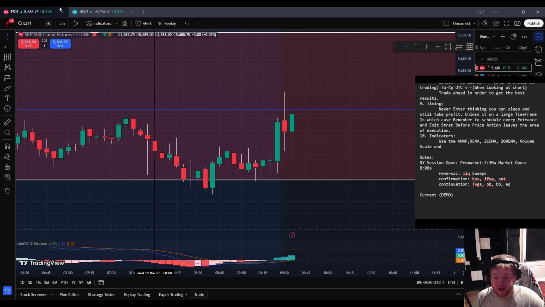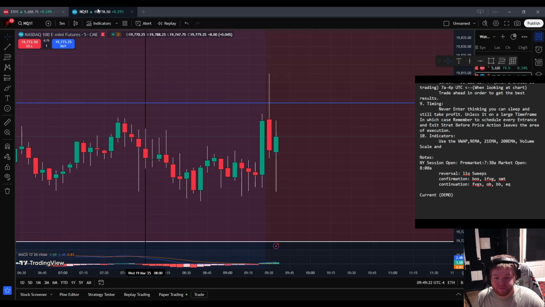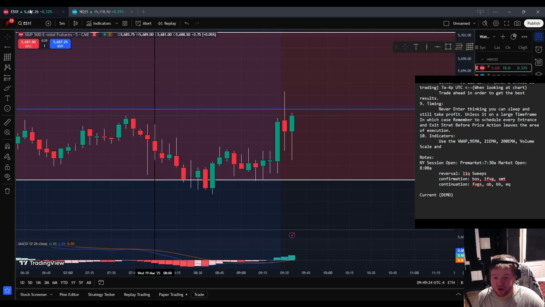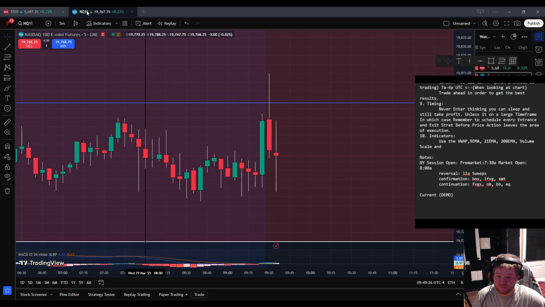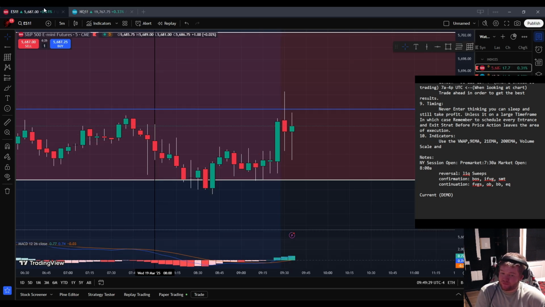I do not see any fair value gaps. Break of structure. Per the market open, now we are in an uptrend.